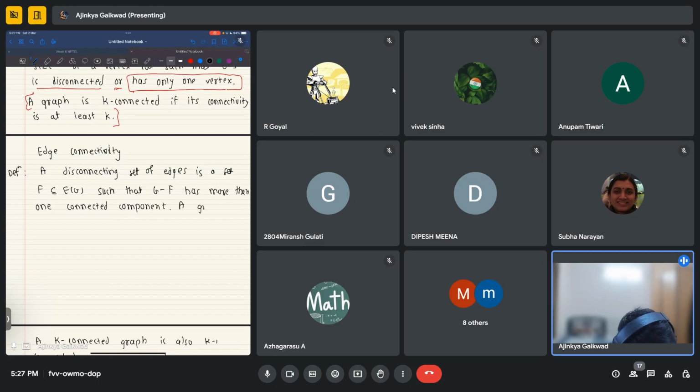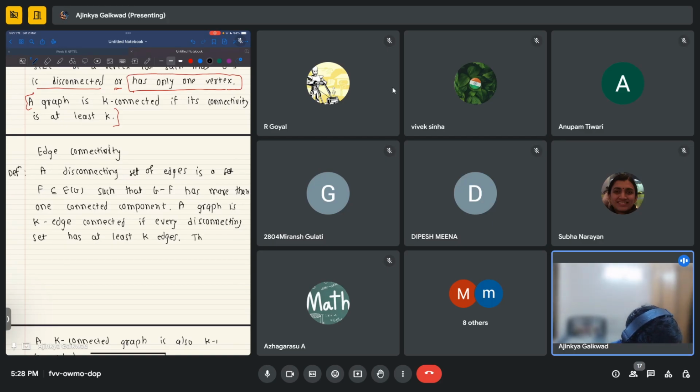Then we can say that a graph is k edge connected if every disconnecting set has at least k edges. And finally, the way we defined vertex connectivity, I can also define the edge connectivity.